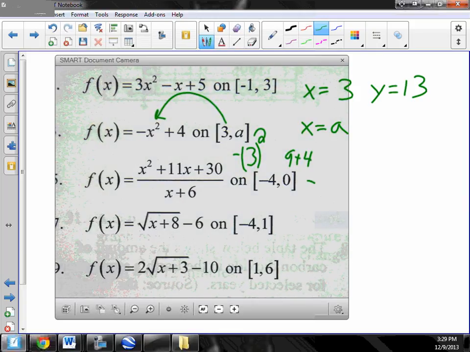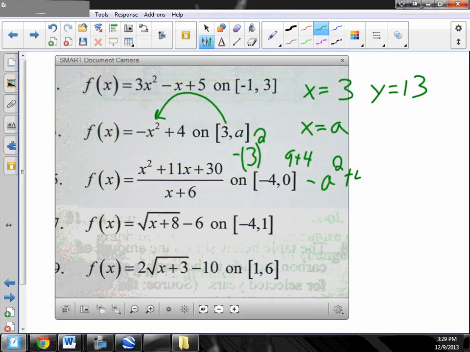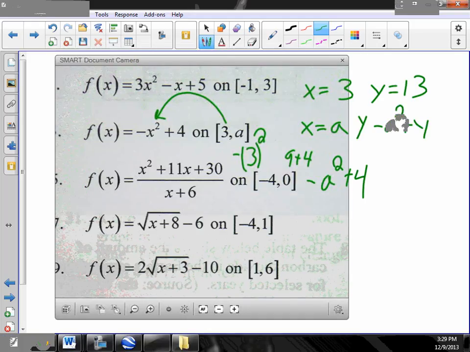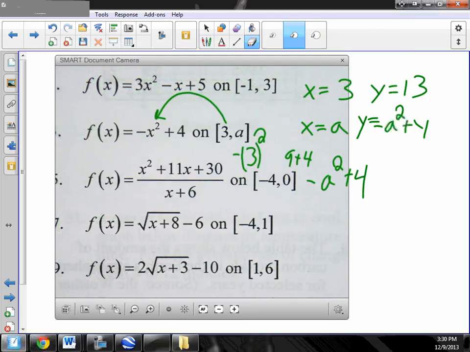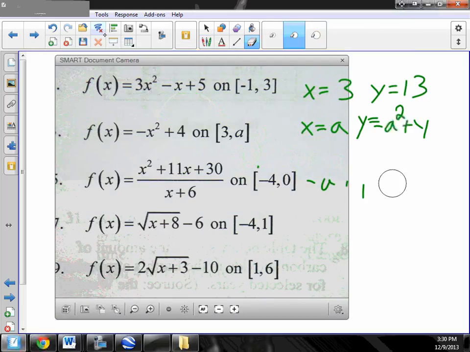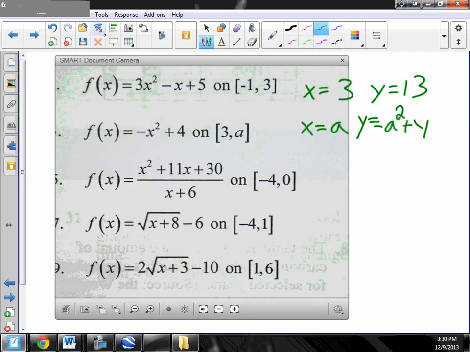For the next one, I'm going to plug in a. And I get negative a squared plus 4. So negative a squared plus 4 is my second y value. And I don't know what a is, but I'm sure it's bigger than 3. It has to be bigger than 3. So I just plug this into my slope formula. Slope formula is y2 minus y1 over x2 minus x1. So my second y is, oh, that's a 4, sorry.